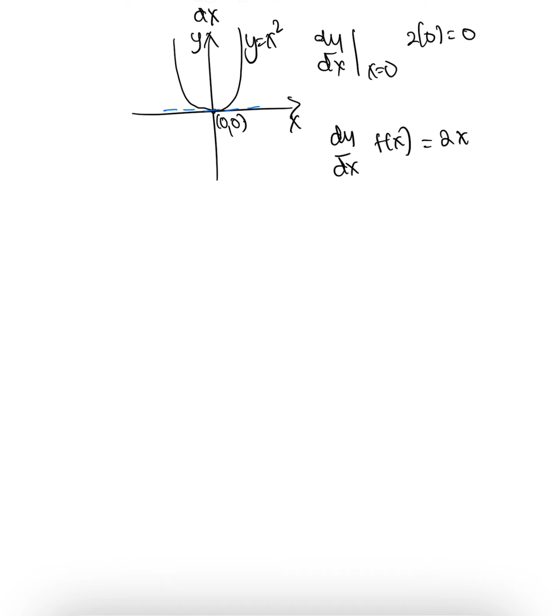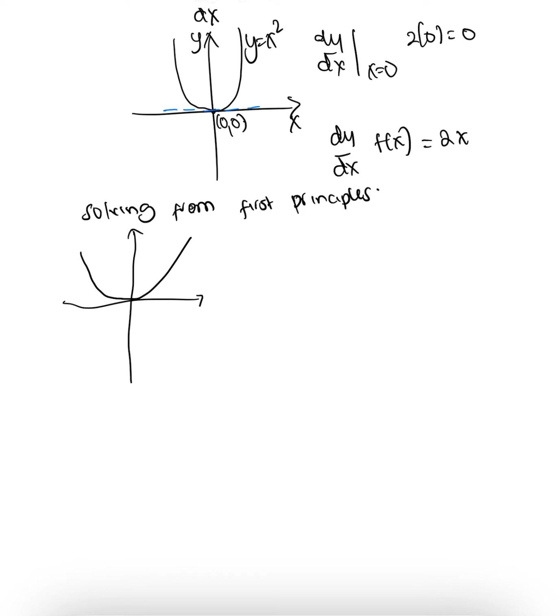So, solving from first principles, we have a function, could be anyhow, and again I can draw a tangent, point A to point B. This is a change in y, this is a change in x. The function is f of x.